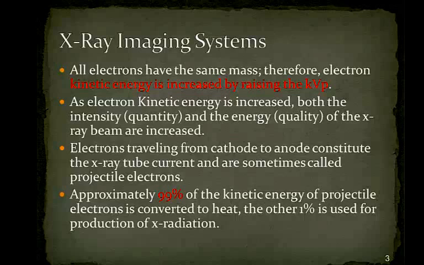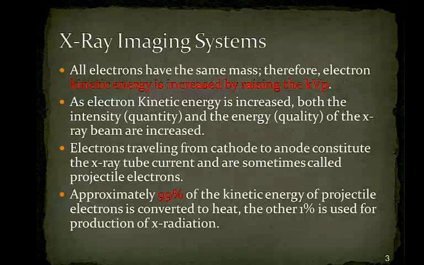The other 1% is used for the production of X-rays, and from that 1%, as far as what actually constitutes an image, it's almost like the 1% of the 1%, which is pretty much nothing when we look at what eventually is going to hit the detector, our image receptor, and actually make an image.